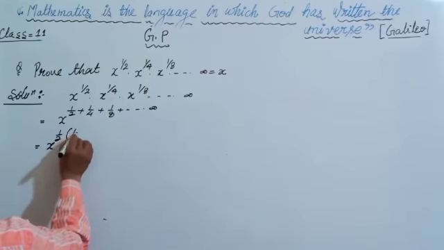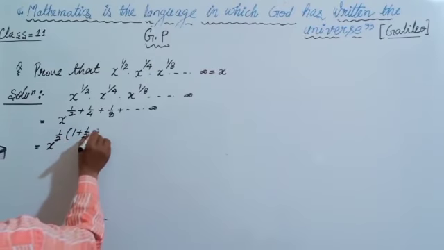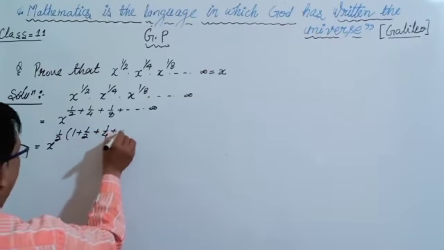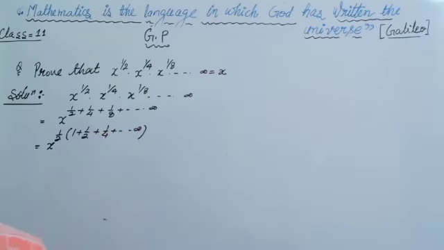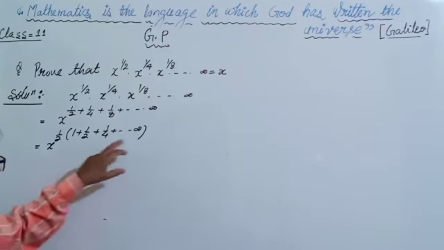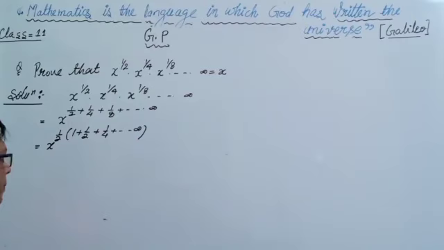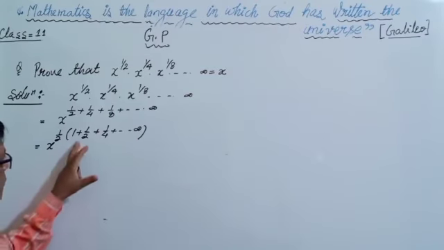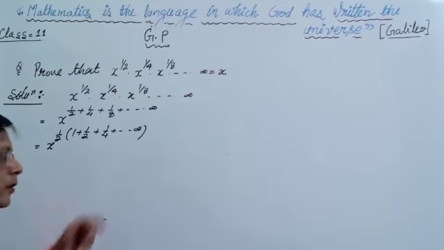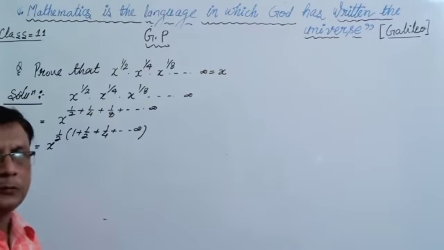So in the bracket, 1 plus 1 by 2 plus 1 by 4 up to infinite. Now here we see that 1, 1 by 2, 1 by 4 are in GP, and the sum is up to infinite terms. So here we apply the sum of infinite terms in GP.